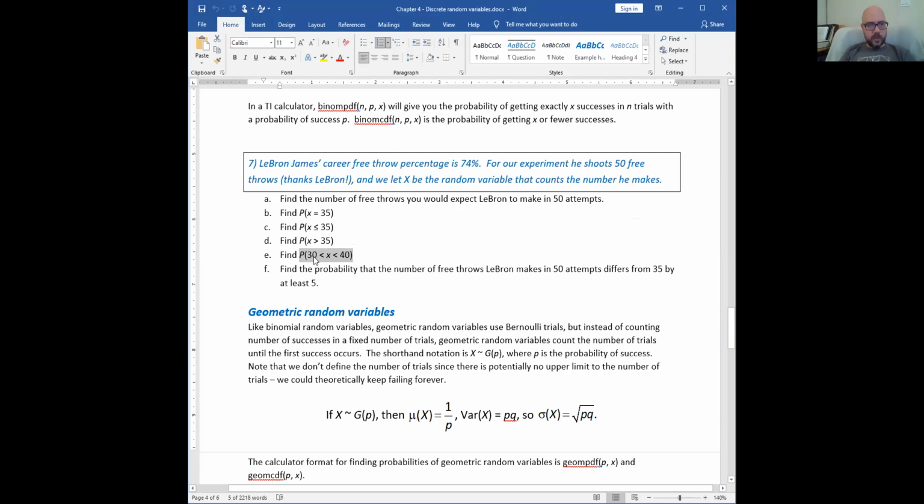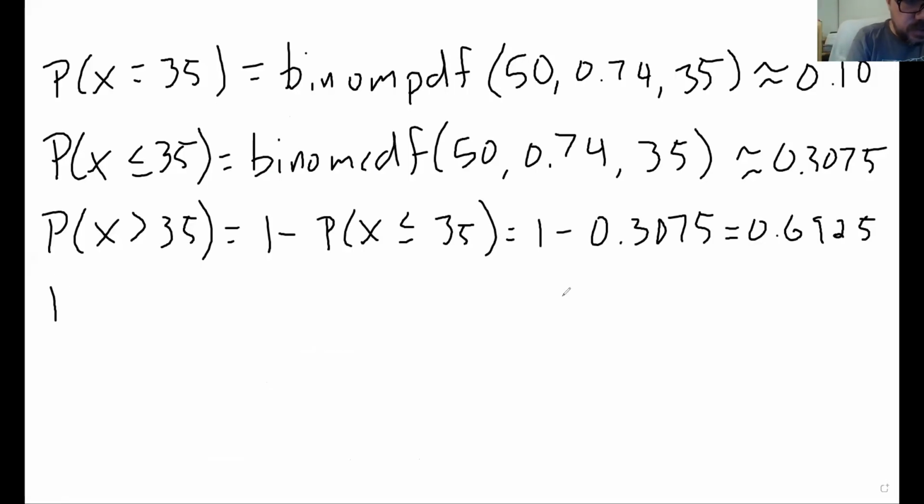So go back to the whiteboard. Between 30 and 40, not including either one. All right, so I want to find the probability that 30 is less than x is less than 40. Okay, so I'm going to do the same thing I did before.